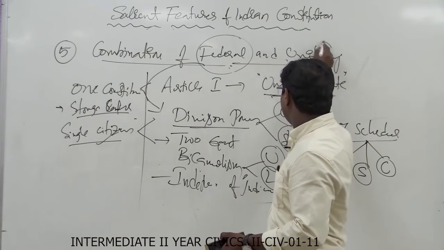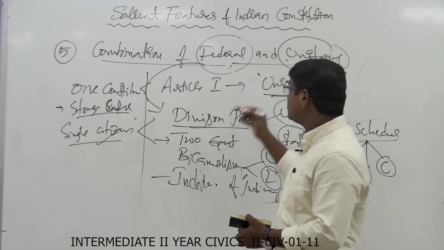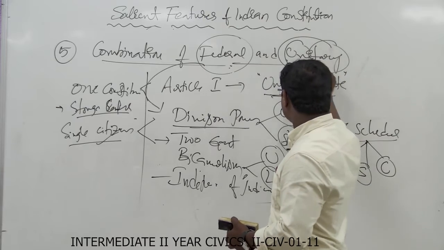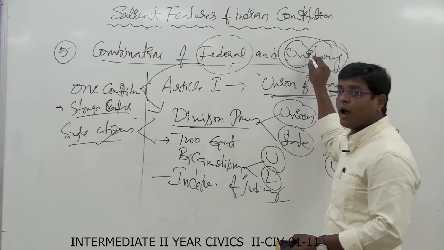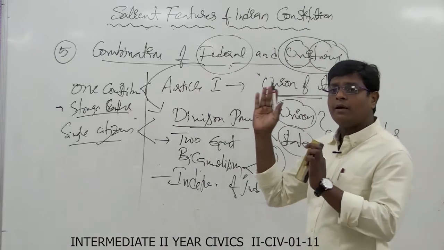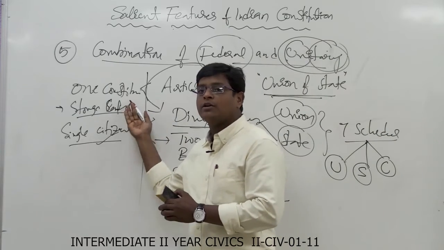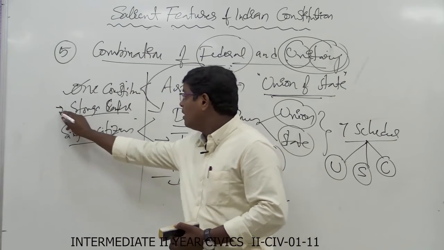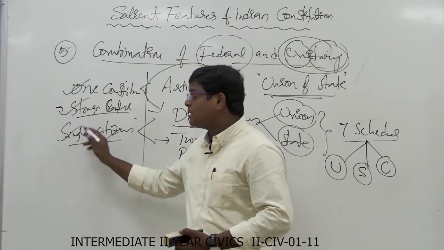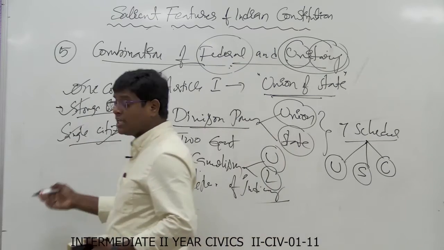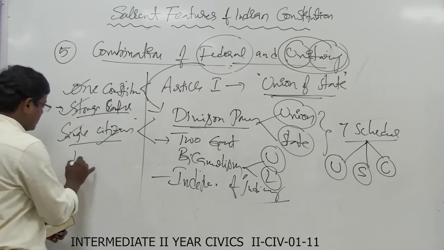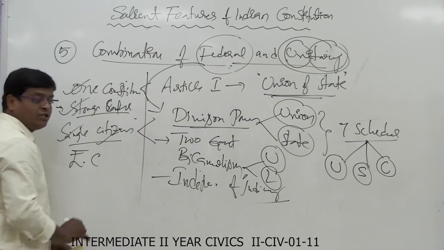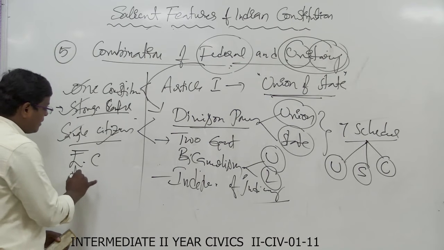Unitary government is the government which is one. Uni means one, tary means rule. Rule by one. That is called unitary government. The features of unitary government are one constitution, strong center, single citizenship, one election system, one election commission, and appointment of governors.